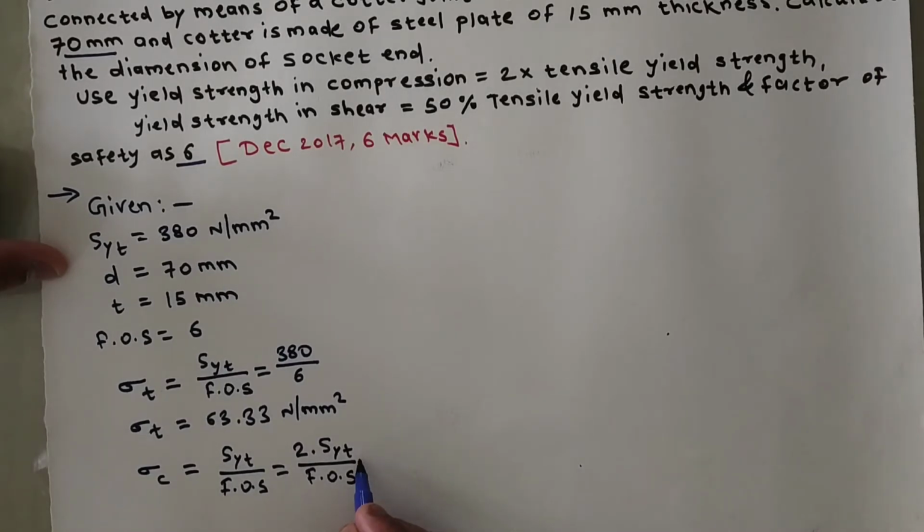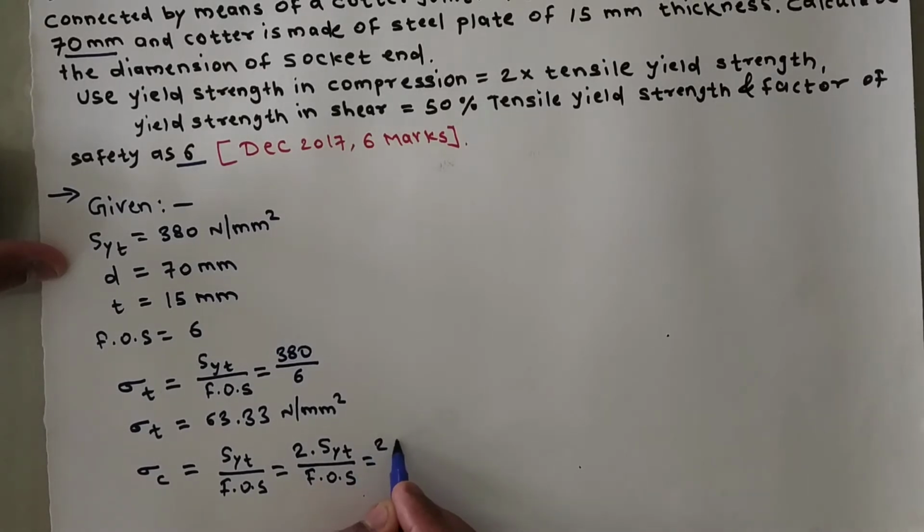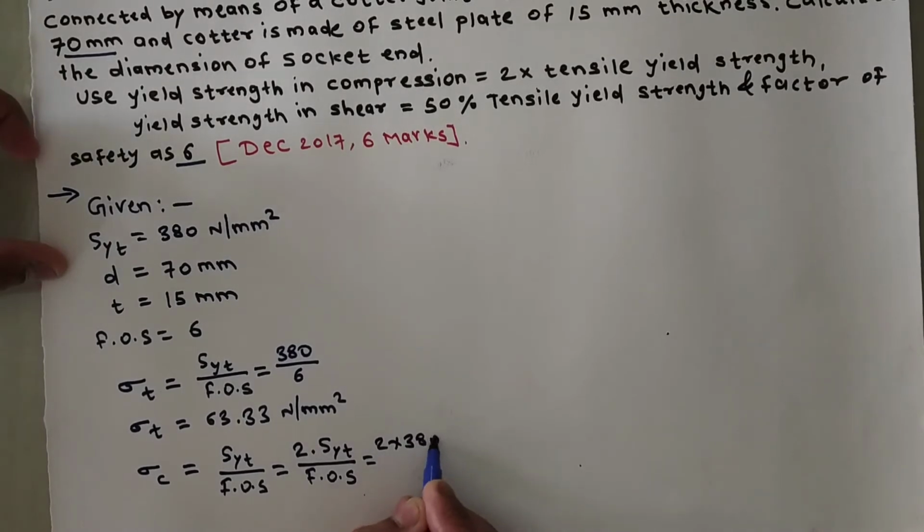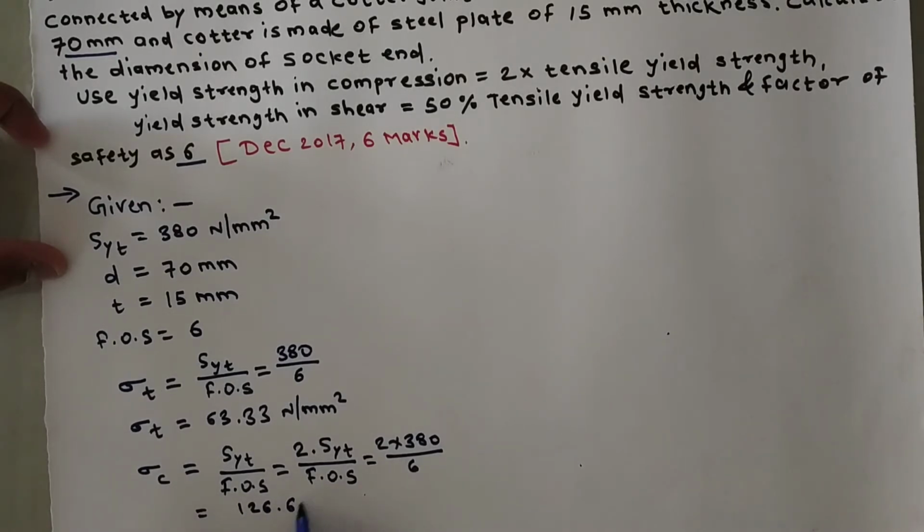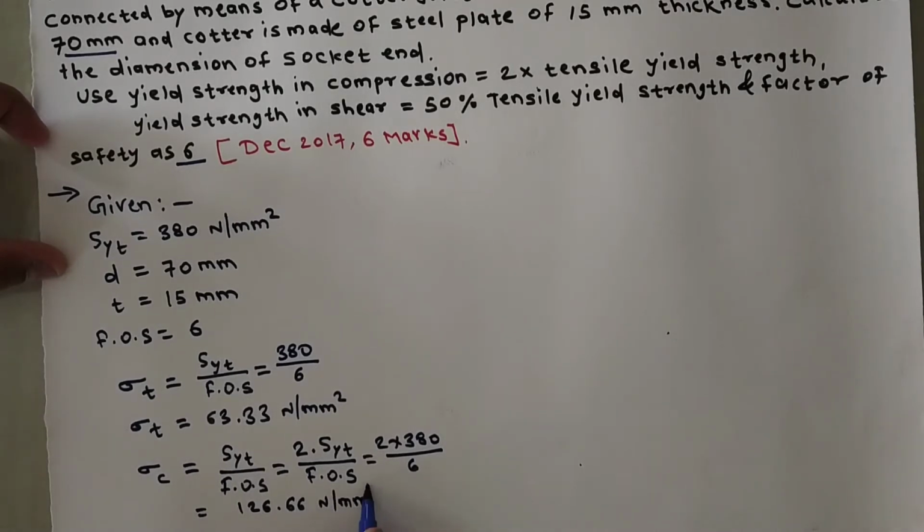So we get sigma C as 2 into 380 divided by 6. So we get sigma C as 126.66 Newton per mm square. Always remember the unit.